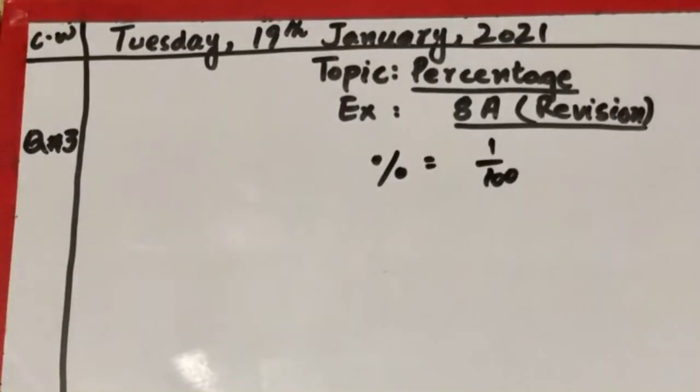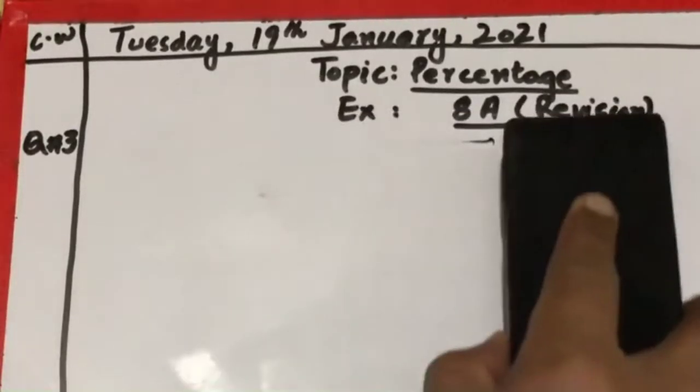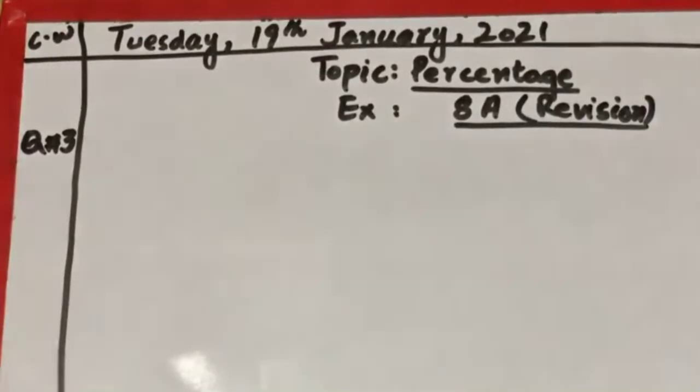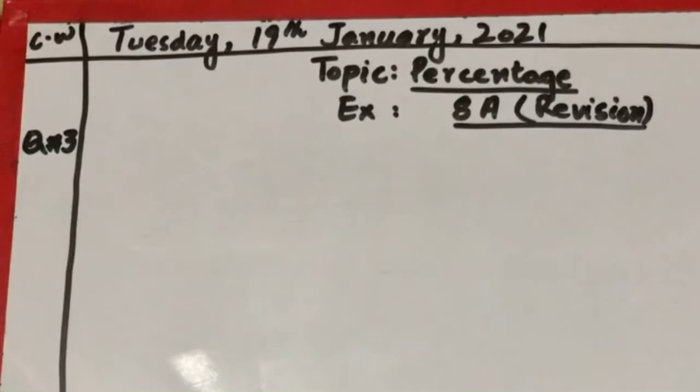In previous lectures we have learnt how to convert a percentage into a fraction and into a decimal number. Today we are going to learn how to convert a fraction into a percentage. Today we are going to solve question number 3.